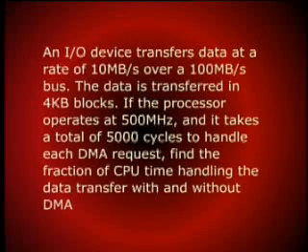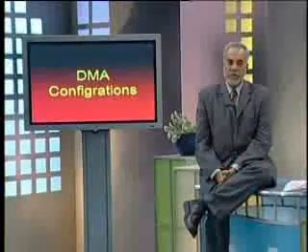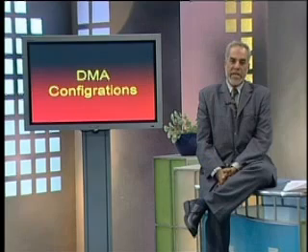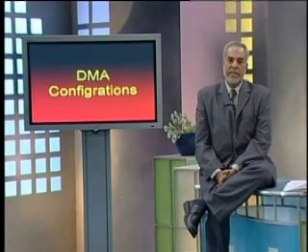If the processor operates at a clock frequency of 500 megahertz and it takes a total of 5,000 cycles to handle each DMA request, let us find out the fraction of CPU time in handling the data transfer with and without DMA.